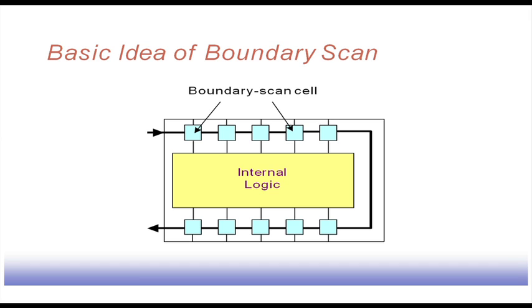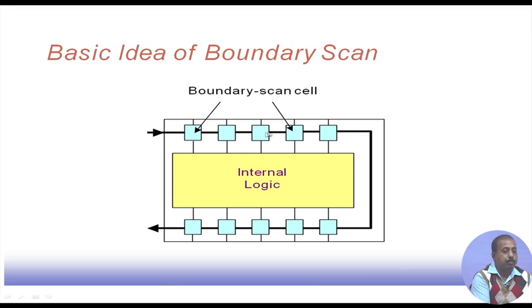This is basically the boundary cell, boundary scan structure. This is my internal logic. One chip may have this as the internal logic. If it supports boundary scan, then all its inputs will be available on these scan cells, and all its outputs will also be available on scan cells. There will be two separate inputs apart from the functional inputs for this circuit, called the scan input and the scan output.